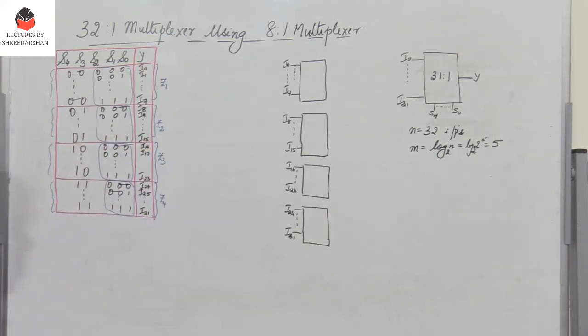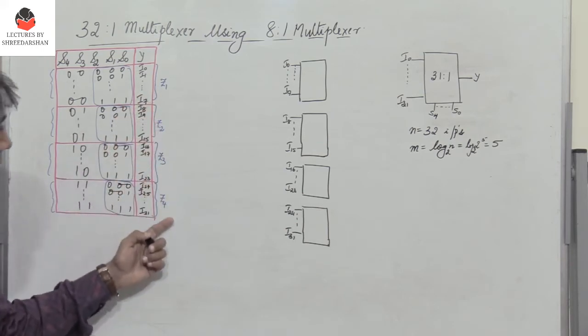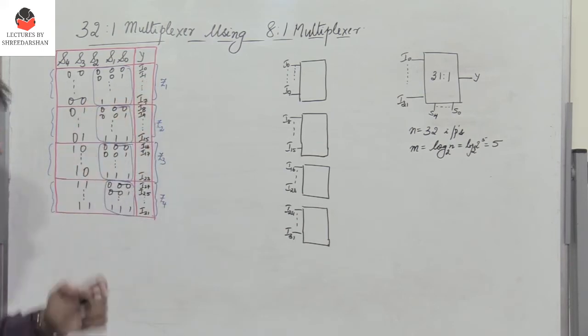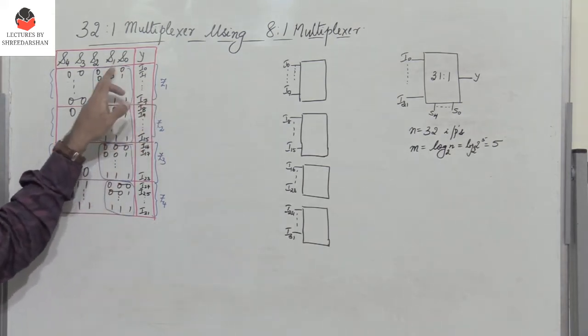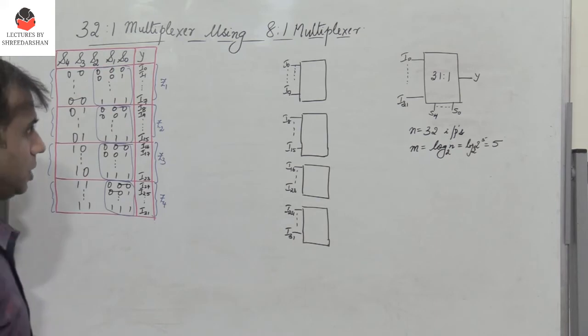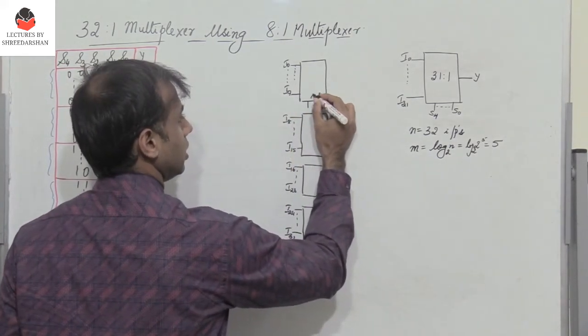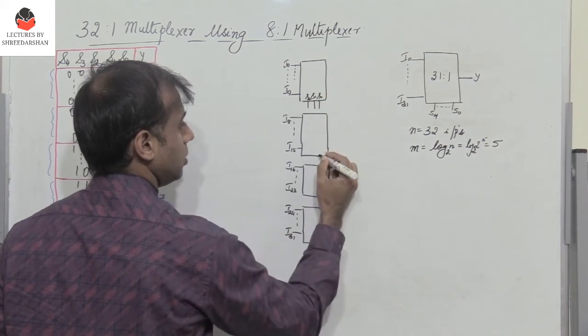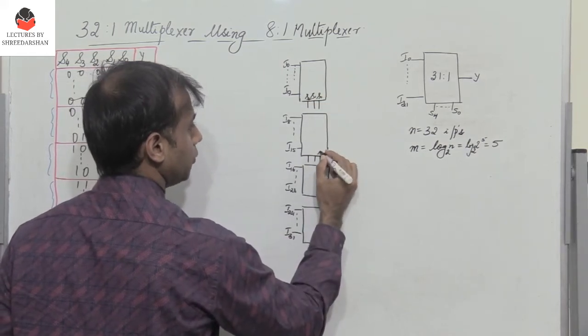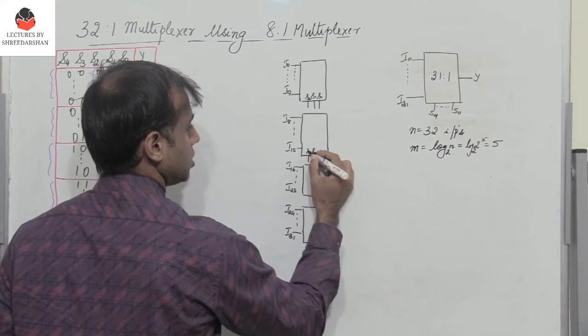So you have 8 inputs on each, and to select these 8 inputs, how many lines do I need? Definitely 3 select lines, and those are S0, S1 and S2. They remain the same for all 4 multiplexers.